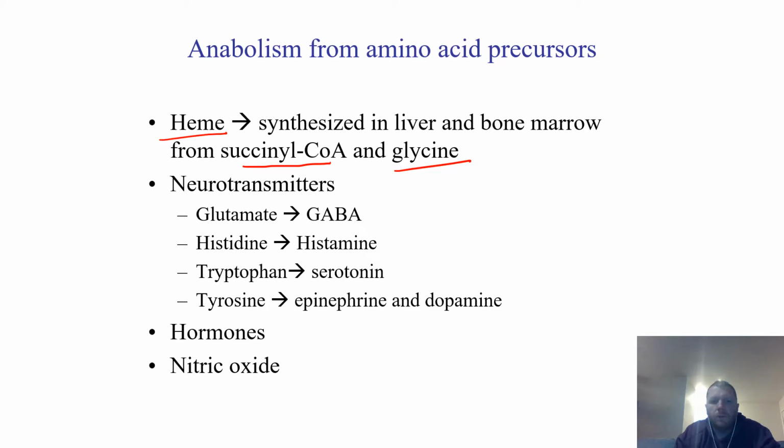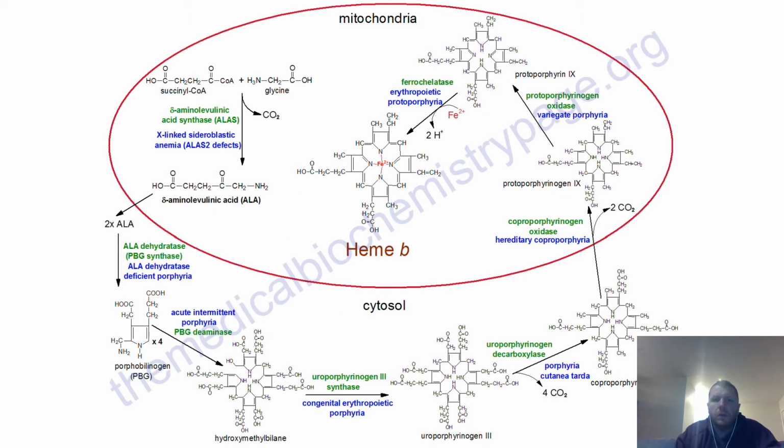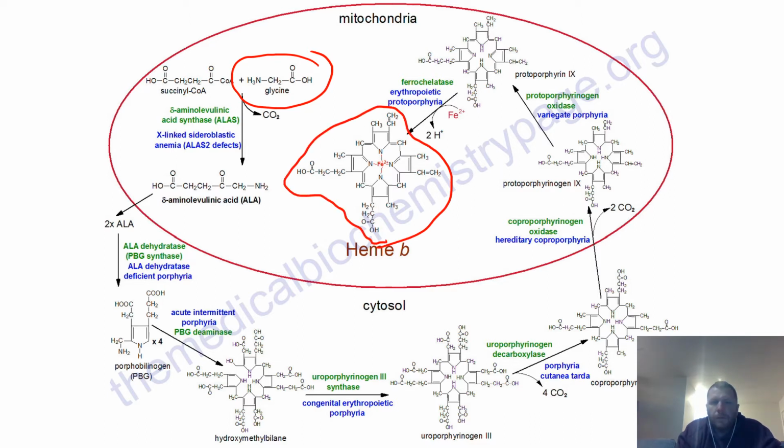So, first of all, here is basically a rundown of heme biosynthesis. We've got our starting molecules of glycine, and we've got our heme molecule that we're arriving at. Now, succinyl-CoA and glycine combine in the mitochondria to make ALA.